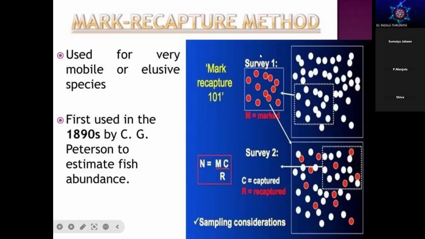Another one is the mark recapture method, which is used mainly for mobile species. It was first used by Petersen to estimate fish abundance, because fishes move continuously in the water.